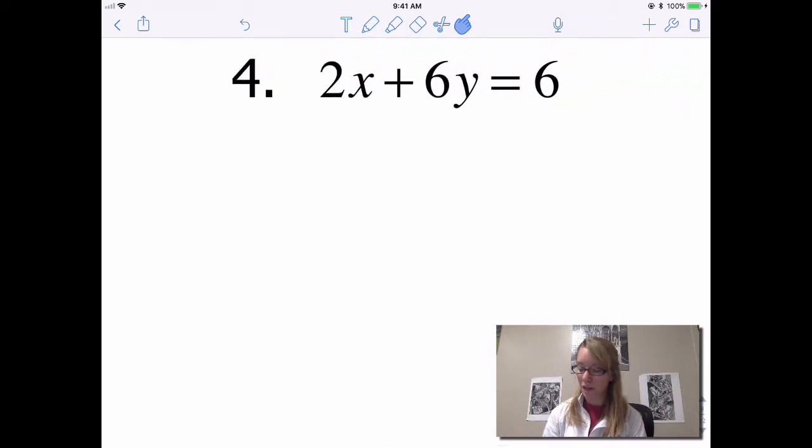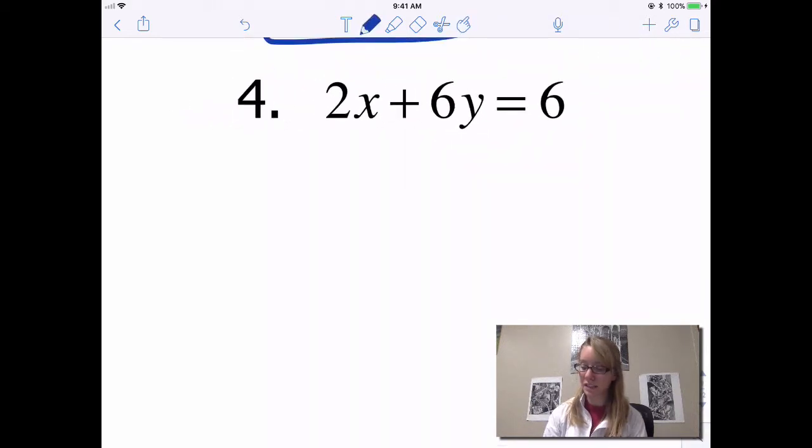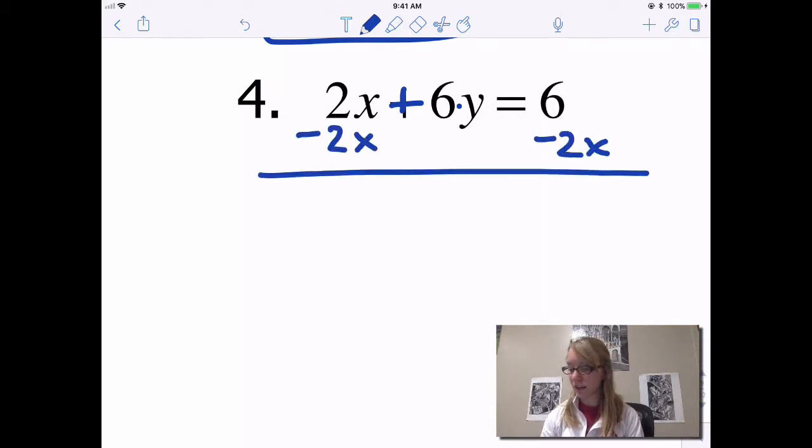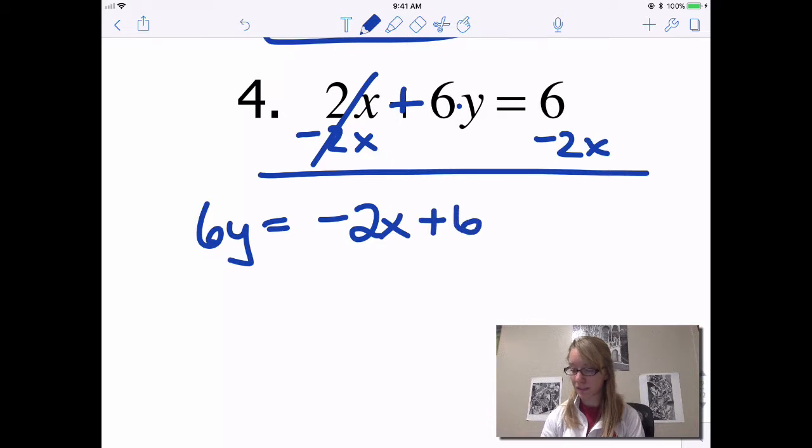And finally, 2x plus 6y equals 6. I have a term added, and I also have a term multiplied. So you got to remember which order to do this in. I go PEMDAS backwards, so I subtract 2x first. Again, those aren't like terms on the right, so I get 6y equals negative 2x plus 6. This is a positive 6.